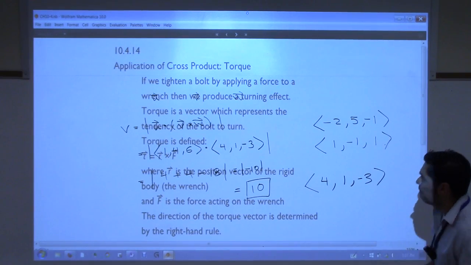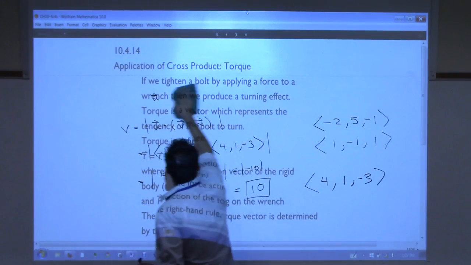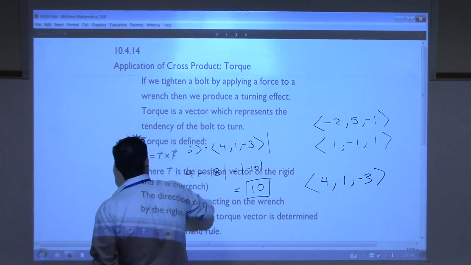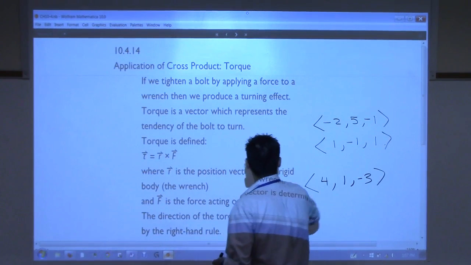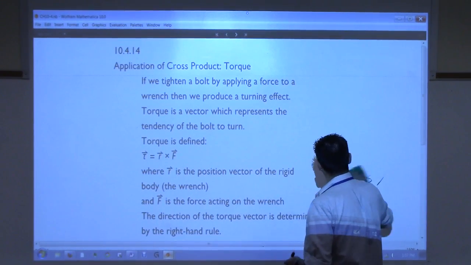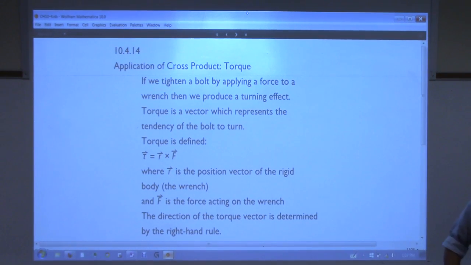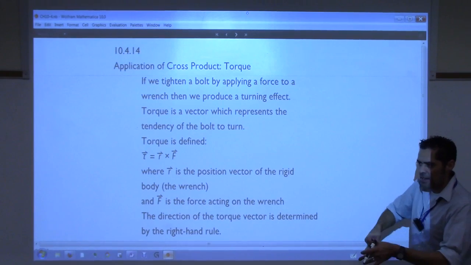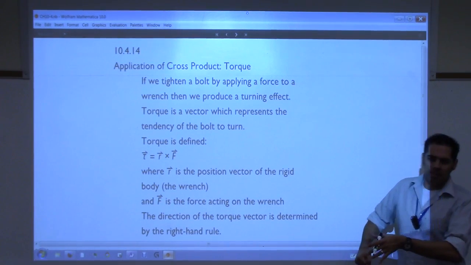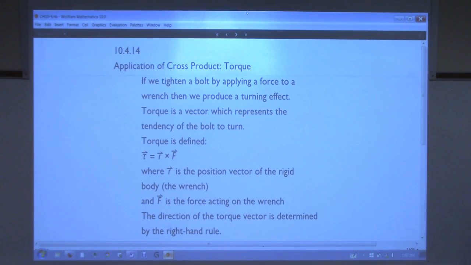All right, so here's an application of the cross product, something that you run across in physics called torque. Any of you used a torque wrench before, right? You set it and then you turn, you tighten, it clicks, and it lets you know that that's the proper torque for that bolt, right?